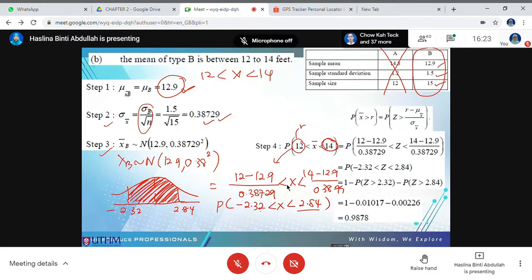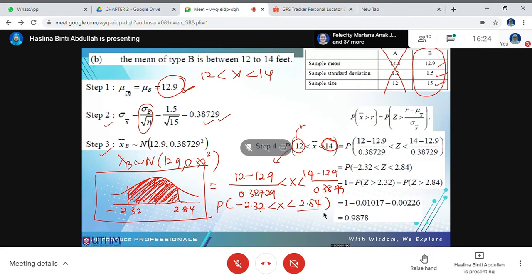So, how do we find the value of this area? The total area is equal to 1, so you need to do 1 minus this area. Refer to the Z table for the value 2.84.